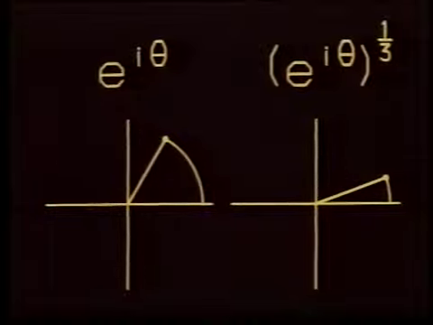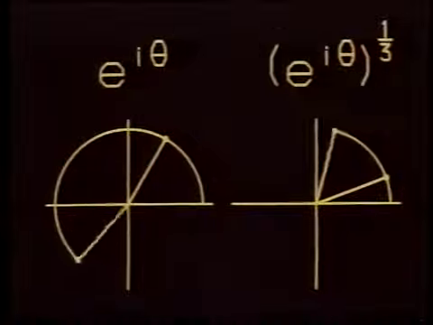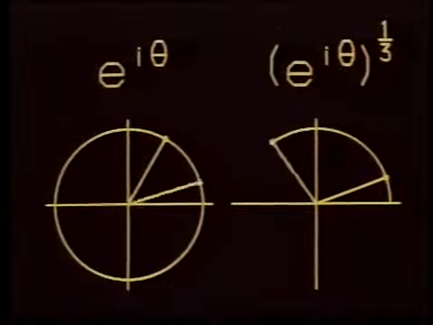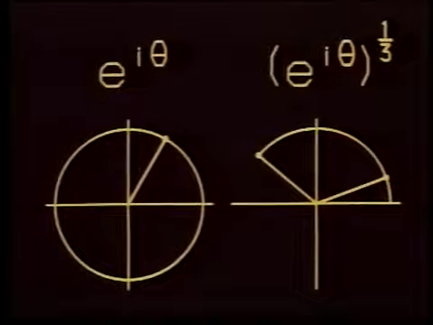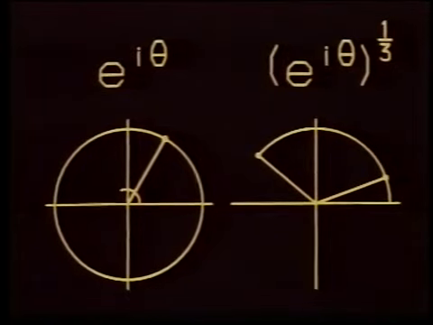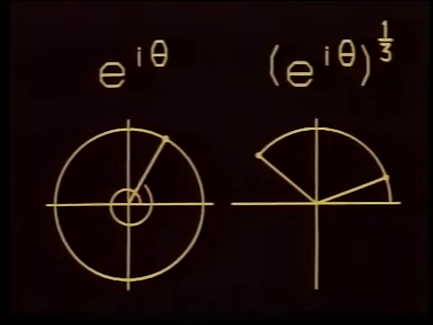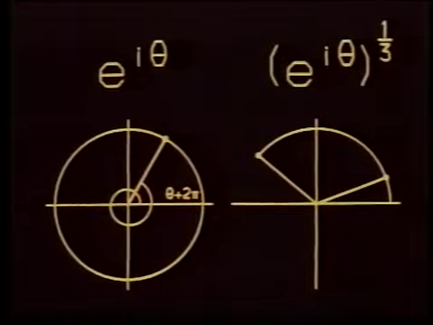So, for any e to the i theta, there is always a cube root on the right. The number on the right, what's it the cube root of? It's 1/3 of the angle on the left, theta plus 2 pi. But this complex number is the same as the one we started with. So this number on the right must be a second cube root of e to the i theta.